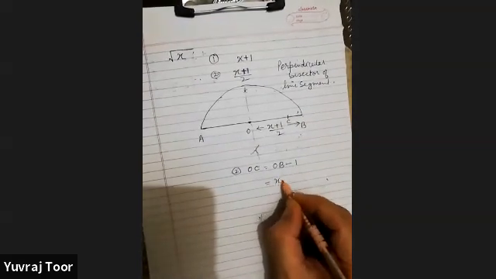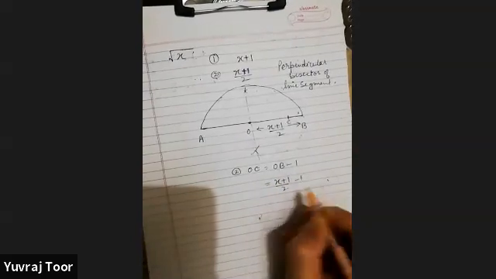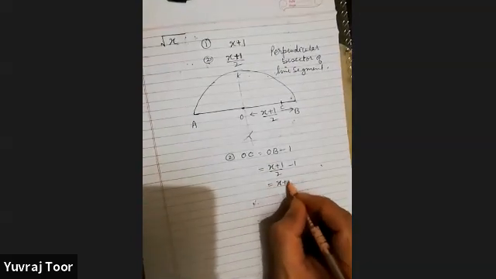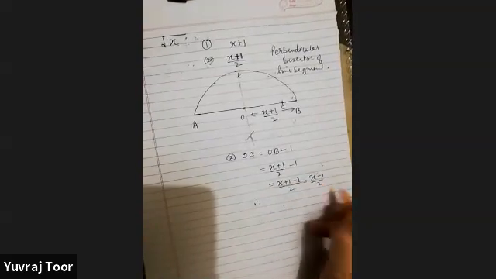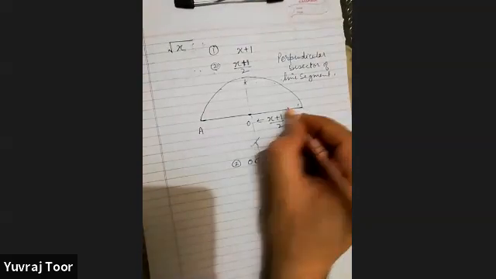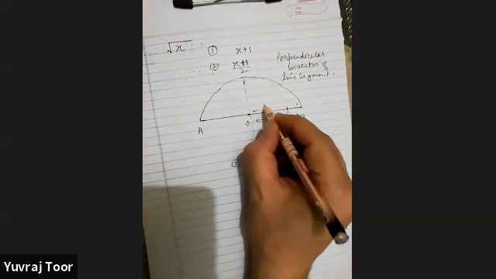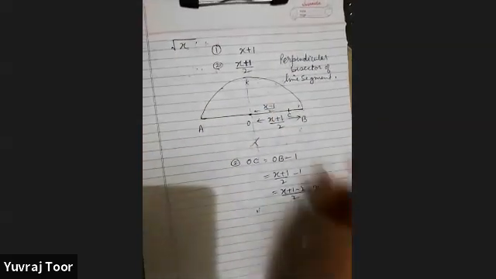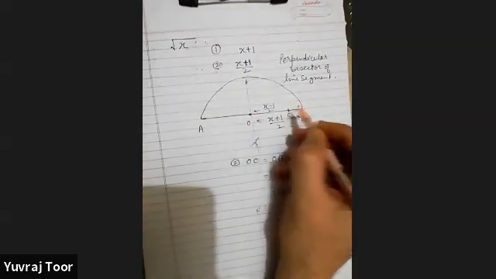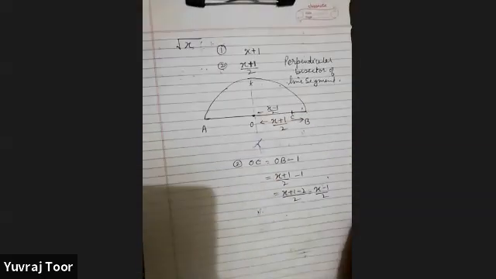OB was x plus 1 by 2 minus 1, and x plus 1 minus 2 by 2, that is x minus 1 by 2. So OC is what? It is x minus 1 by 2. This length. Fine.